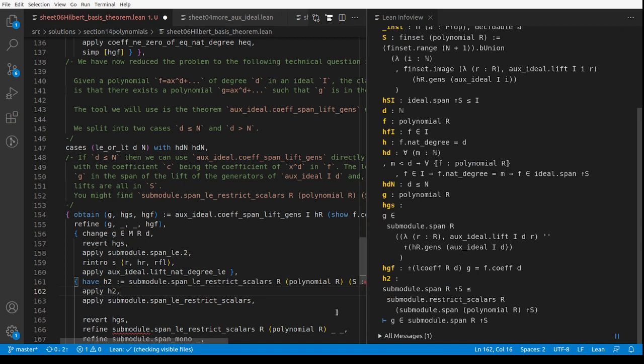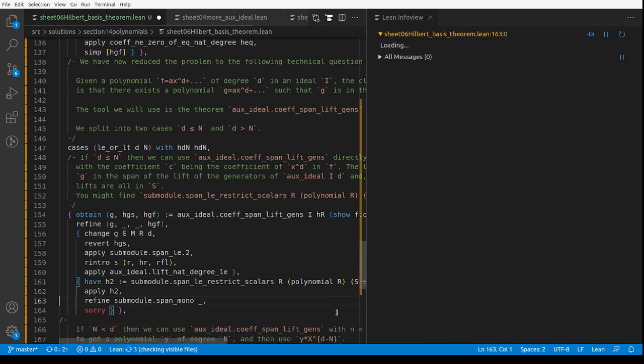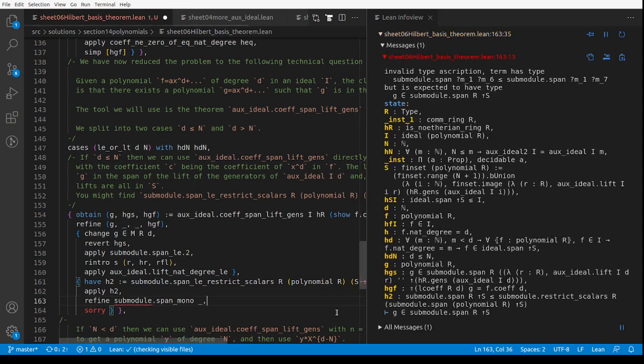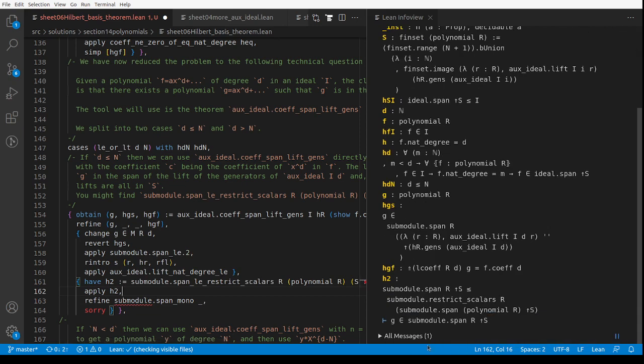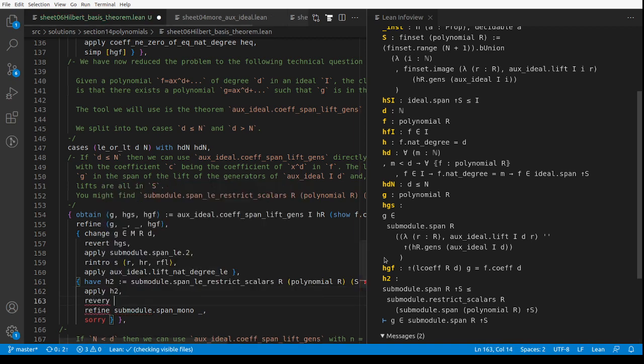And now I want to do this. And now I do refine submodule.span mono. And now I want to use H2. So what do I know about G? So now do I revert HGS now?